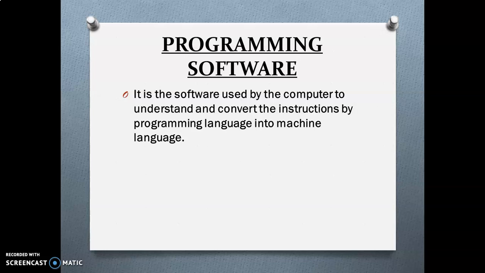If you remember, in class 4, I have taught you that computer understands only machine language, which is written in 0 and 1. Like we human beings understand either Hindi or English, we can read, write and speak Hindi and English. In the same way, computer is a machine, so it understands only machine language.